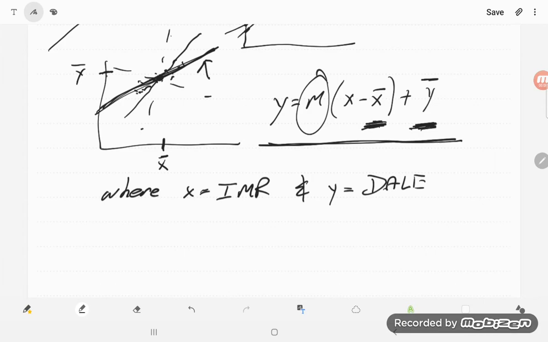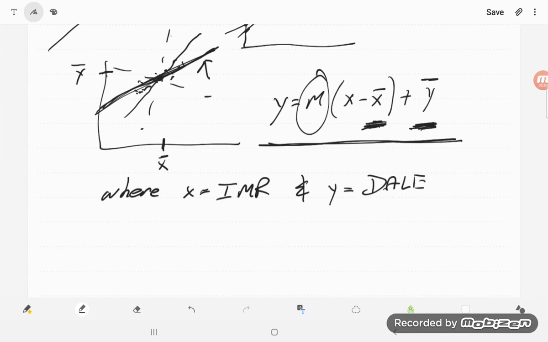If I don't mention that, then who knows what those mean, and it ceases to be my model anymore, because, well, is X the Dale data or the IMR data, and so forth.